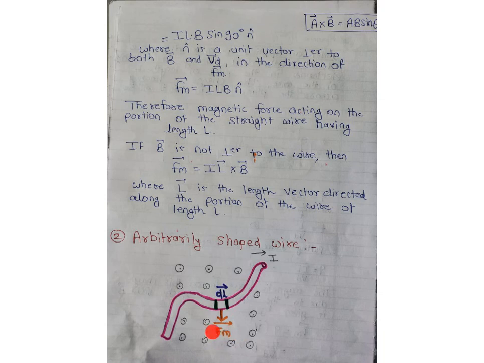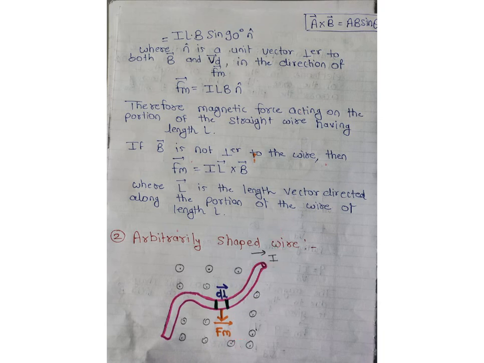Here also, whenever the current is flowing in this wire, a number of charges will move. Firstly, we consider a small element dl in this arbitrarily shaped wire, having a force Fm, and I is the current.